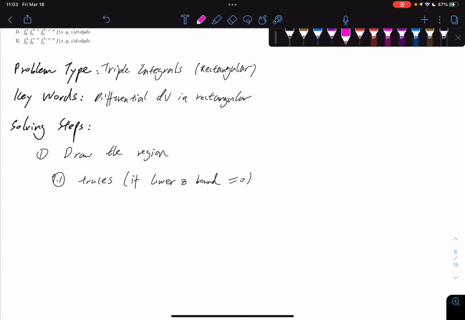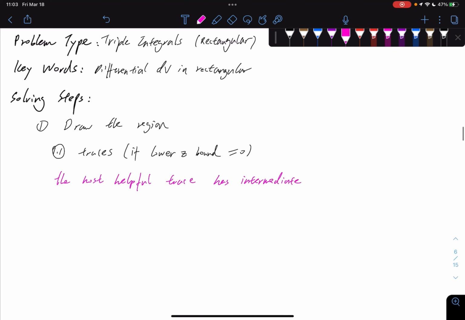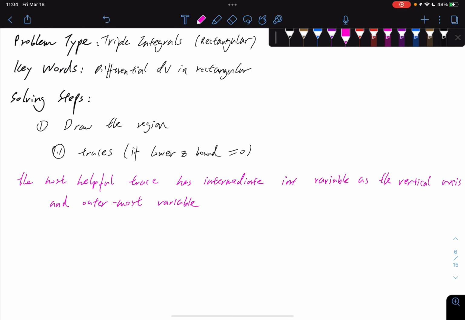The way to tell is that the most helpful trace has the intermediate integration variable as the vertical axis, and the outermost integration variable as the horizontal axis.